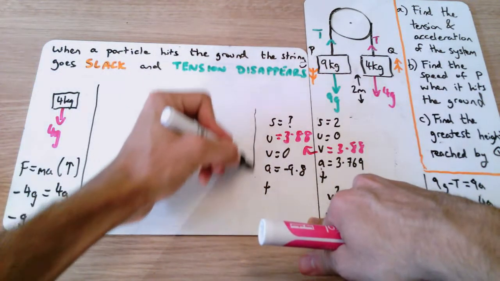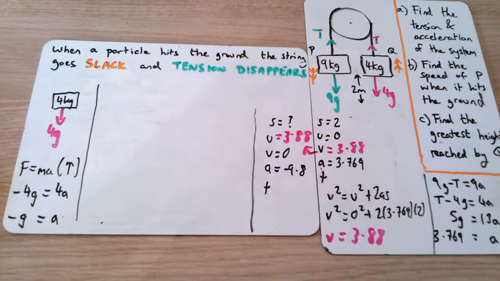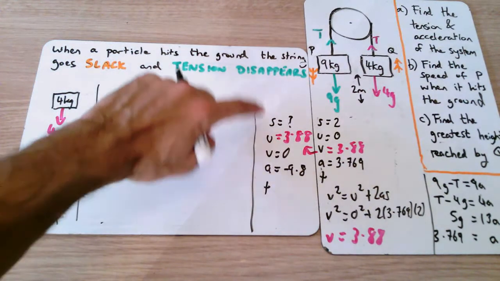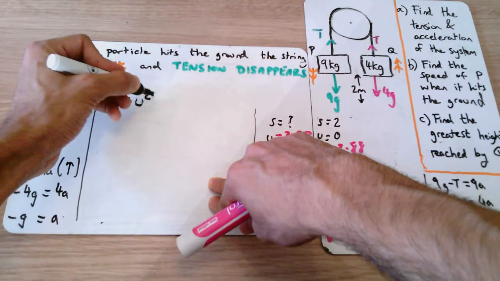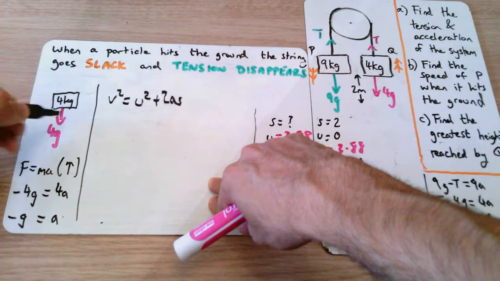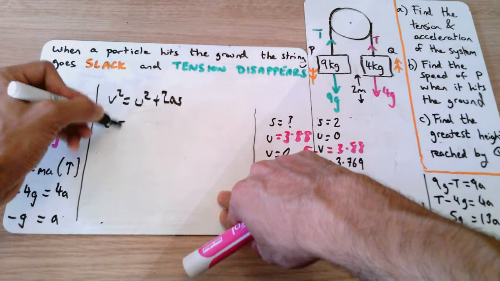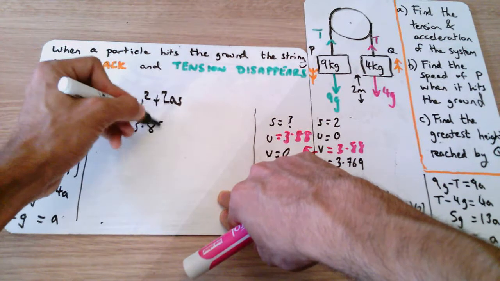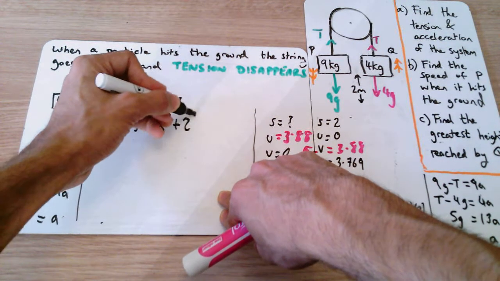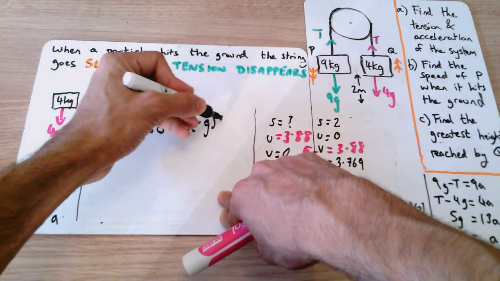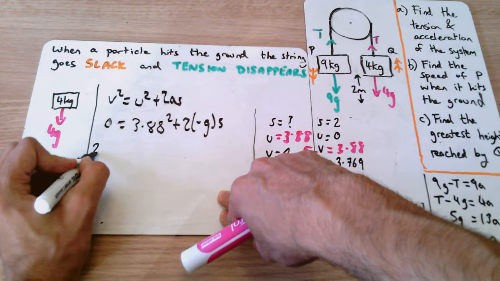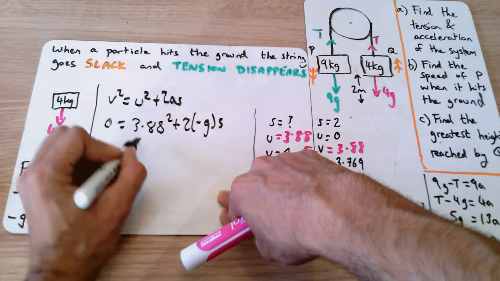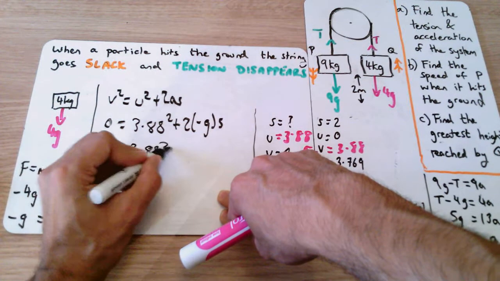And we can see from this very clearly that if we are trying to work out the greatest height reached by Q, we're again using V, U, A, and S. So this is going to be V squared equals U squared plus 2AS. V squared in this case is 0, U squared is 3.88 squared, plus 2 times minus g times S. If we take this to this side, we get 2gS equal to 3.88 squared.